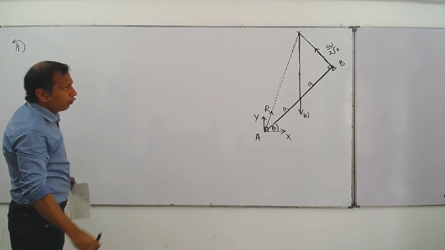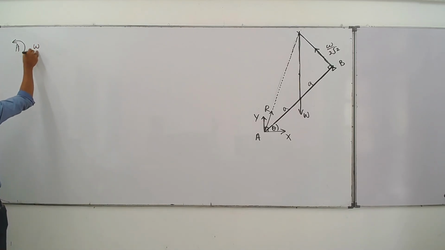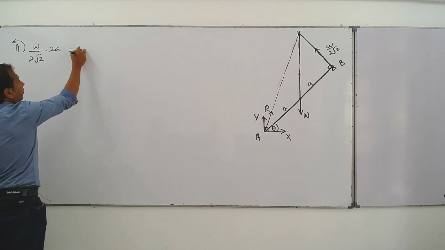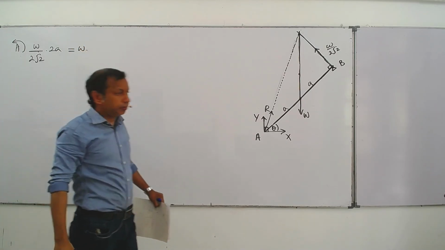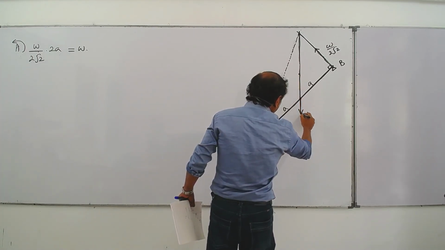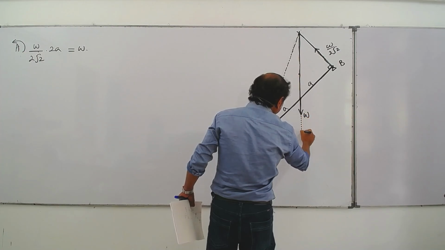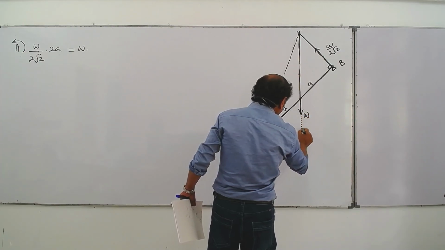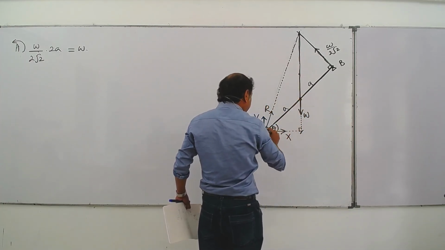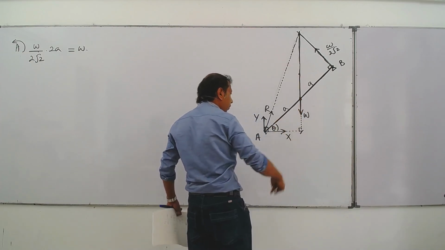There the force is W over 2 root 2. The perpendicular distance is 2A, equal to W times, right? When you produce like this, the line of action of W is the required length. From here to here it's A, this is theta, this is A cos theta.